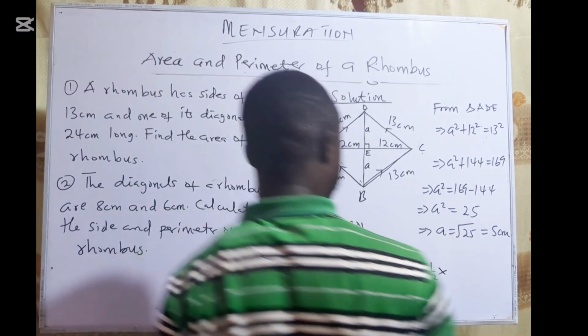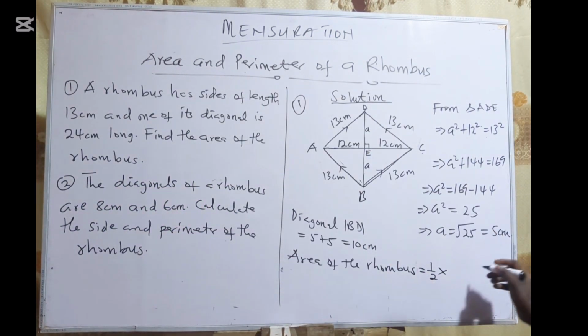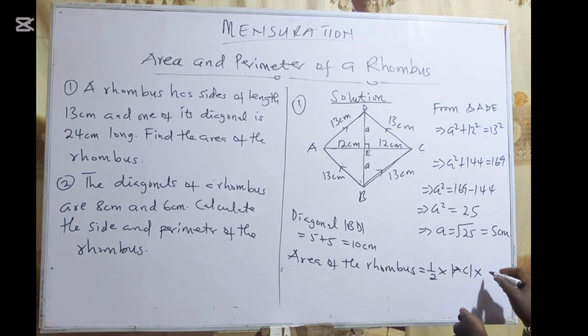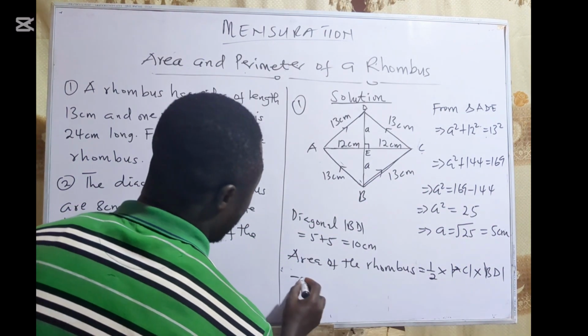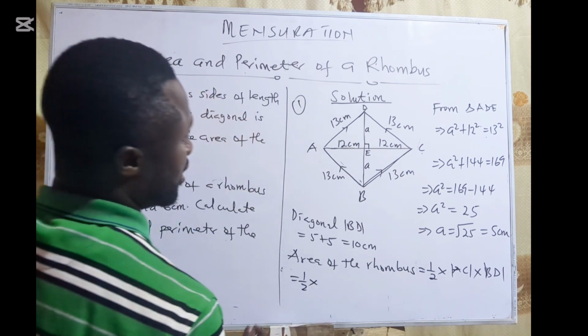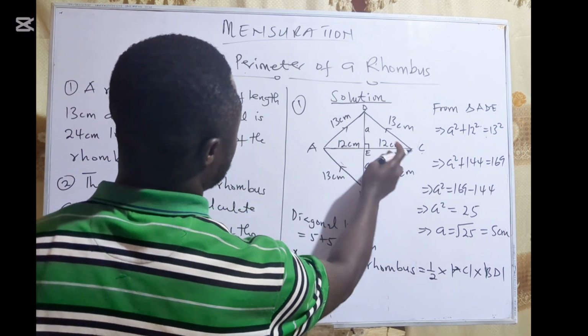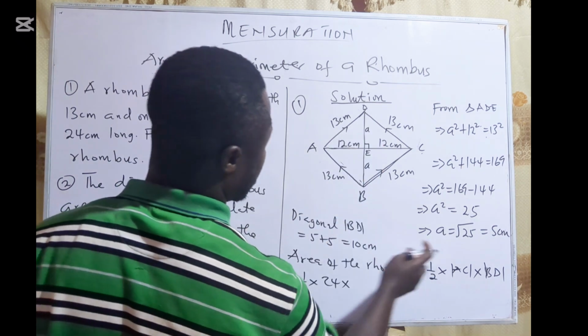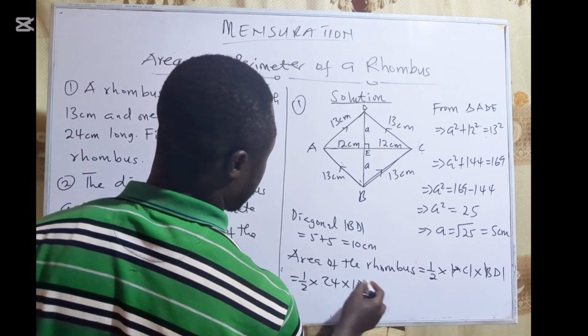So half times AC, which is 12 plus 12, that is 24, times BD, that is 10.